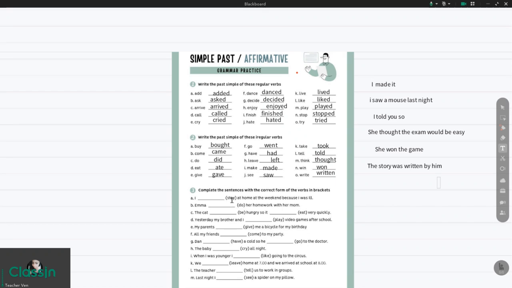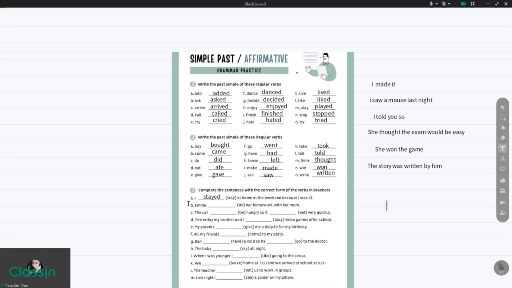So your stay becomes I stayed, right? I stayed. So we have here a regular verb, right? And what do we do if it's a regular verb? We just have to add ed or d, right? And it becomes its simple past form, right? Correct. I stayed at home at the weekend because I was ill.